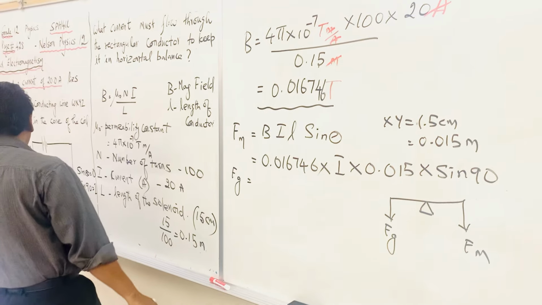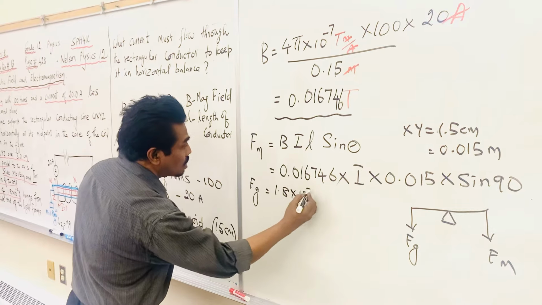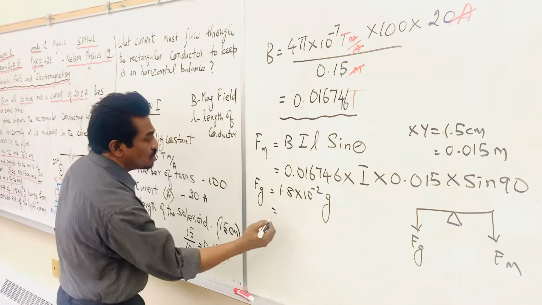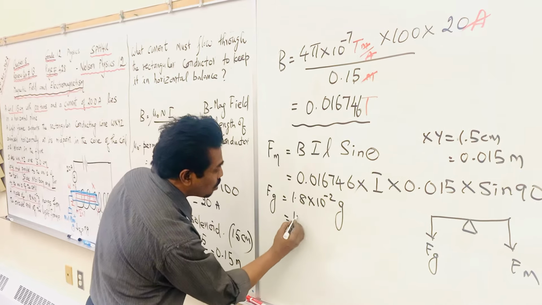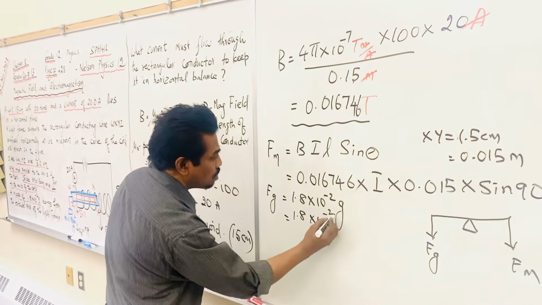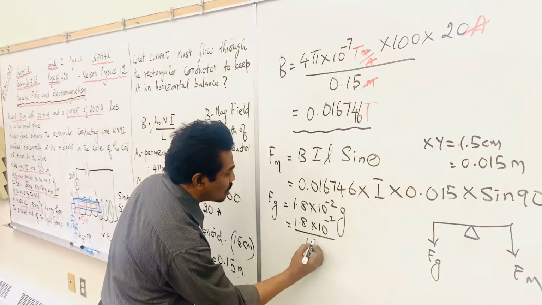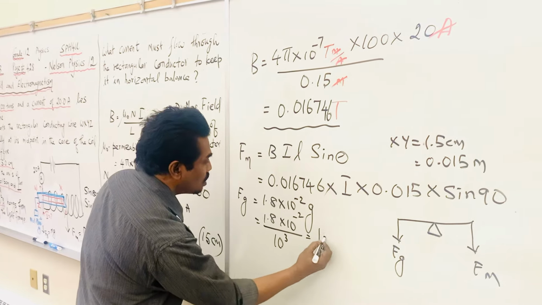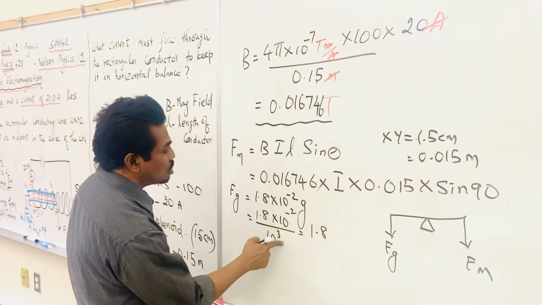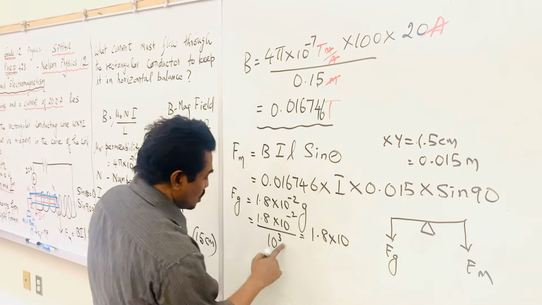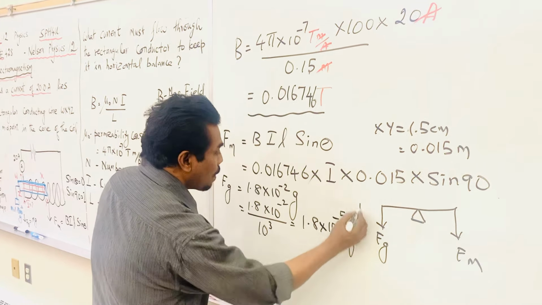The mass is given as 1.8 times 10 to the power negative 2 gram. This is not our unit, so we have to change into kilograms. So 1.8 times 10 to the power negative 2 divided by 10 to the power 3, which goes to the numerator and becomes 10 to the power negative 5 kilograms.